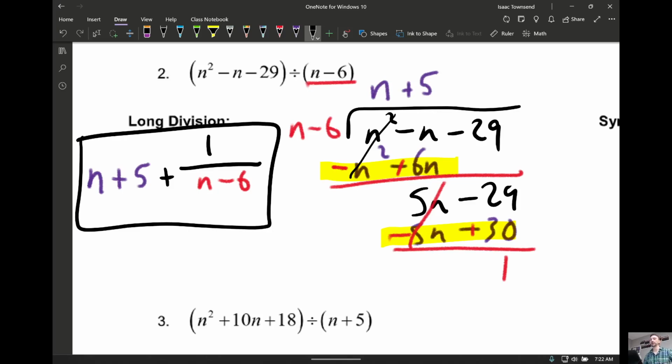Alright, so finish copying that one down, and then you try question 3 to see how it goes.